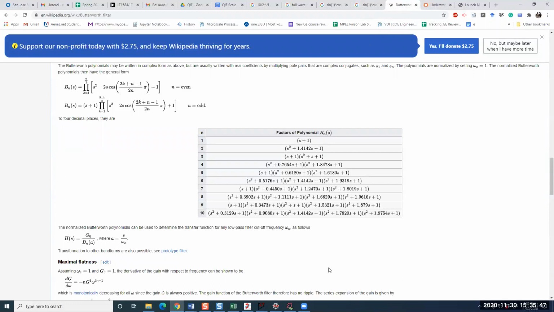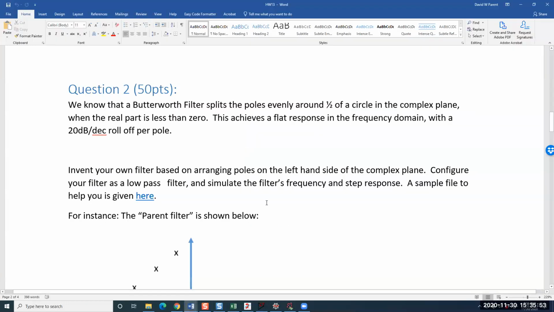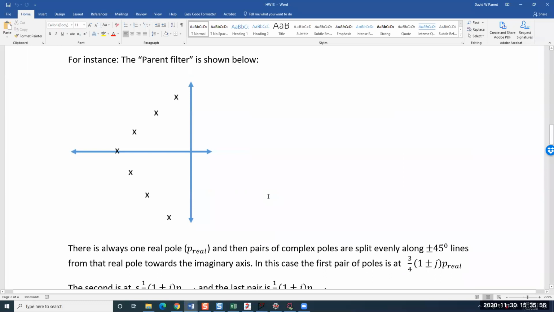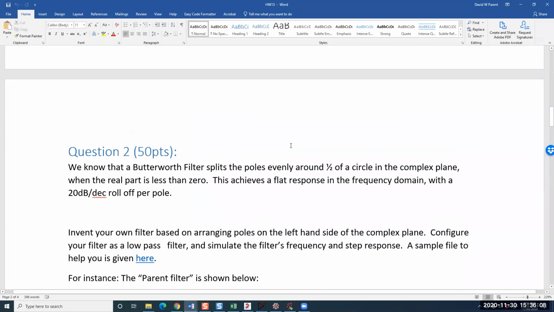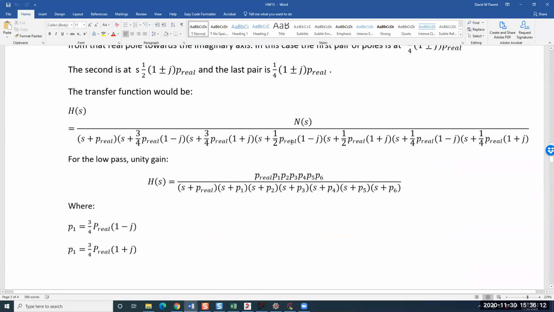So that's the algorithm. Now for homework, I want you to come up with your own algorithm. Let me be clear: this is my algorithm, and I'm not claiming any claim to fame, but I want you to come up with an algorithm on your own. The question is basically showing you how I did everything.